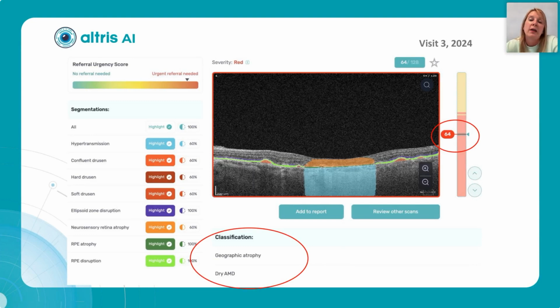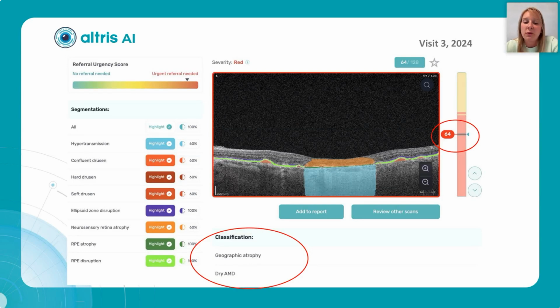So we've asked AI what's happening here. And again, if we are looking at the central scan, scan 64, which is in the center where the fovea is, it is still dry AMD and geographic atrophy.